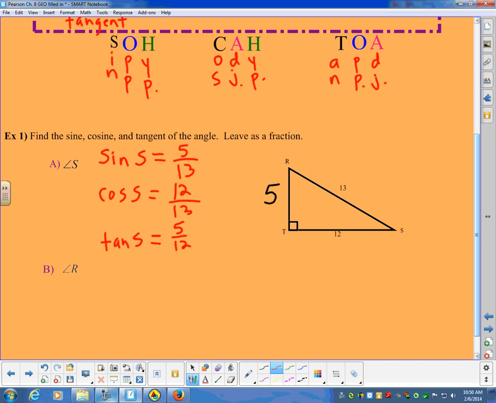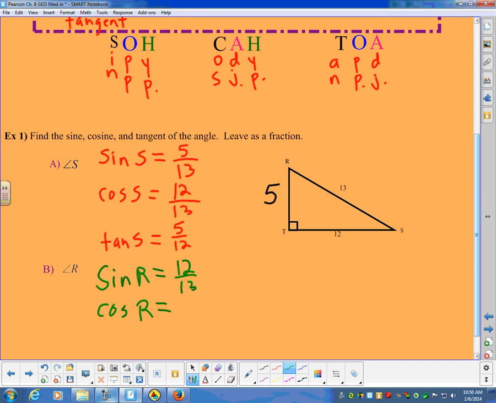Let's do angle R. So now if I change my perspective, I'm standing at angle R. Let's start with sine, what would sine of R be? If I'm at R, now what is my opposite side? It's the 12, and my hypotenuse is still 13. And then I have cosine of R. So cosine of R is going to be what over what?